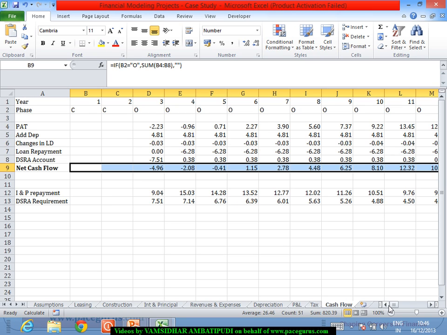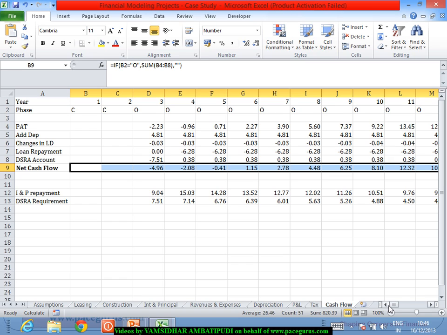So we have negative cash flows in the first few years, but still wherever we have a negative cash flow, we have to go ahead with a short term overdraft. So I have to figure in the overdraft piece also into this.